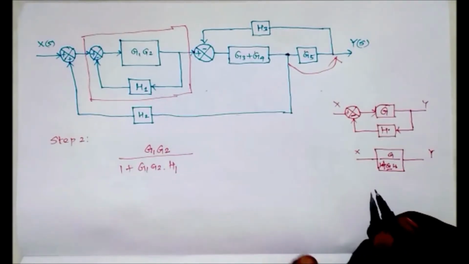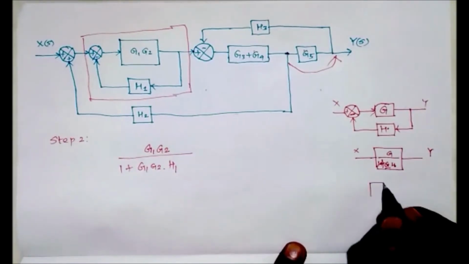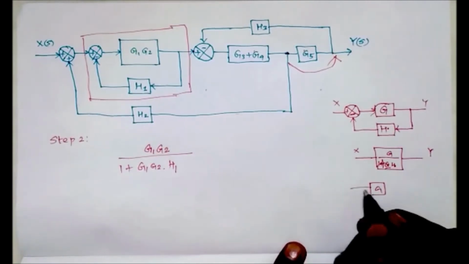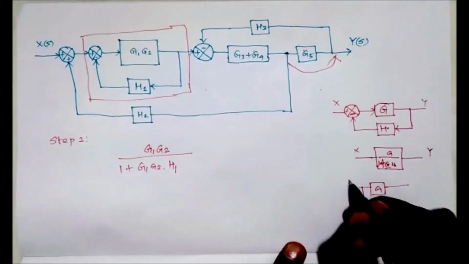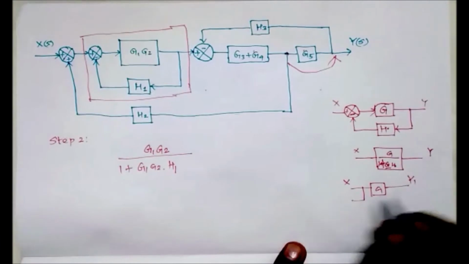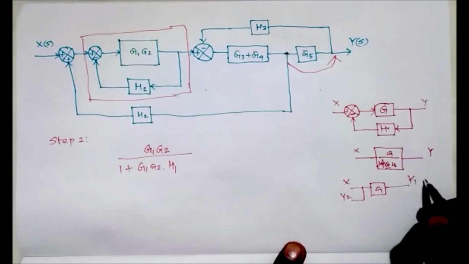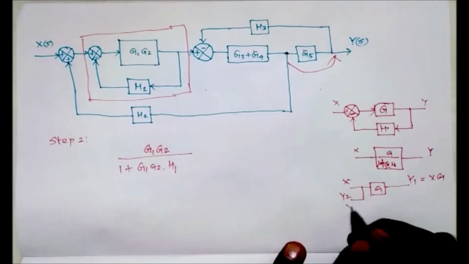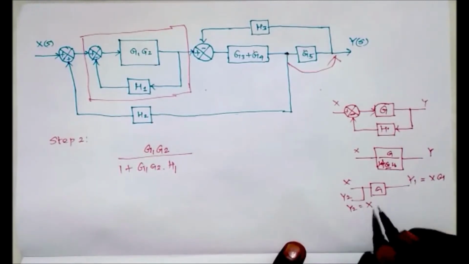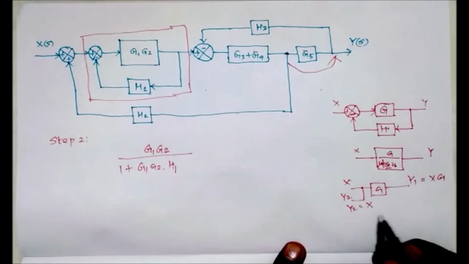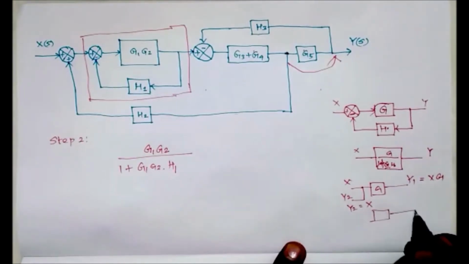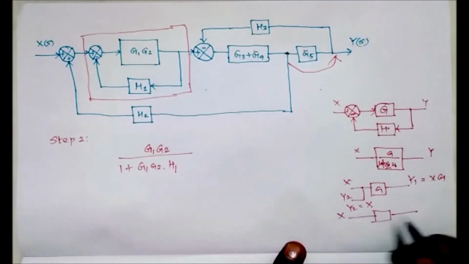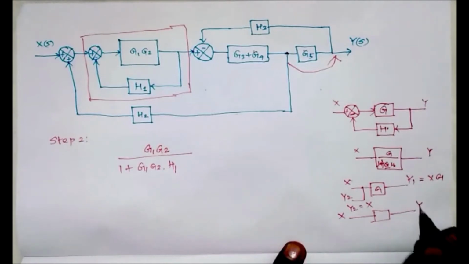We know already, suppose there is a system gain here and this is a branch. Now this is input x, output y1, output y2. What is y1? y1 is nothing but x into g. Here y2 is x. So if I move this branch here, what do I have to do to get the same output of y1 and y2?